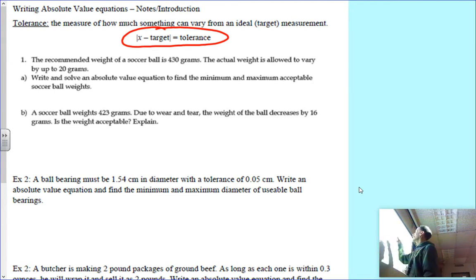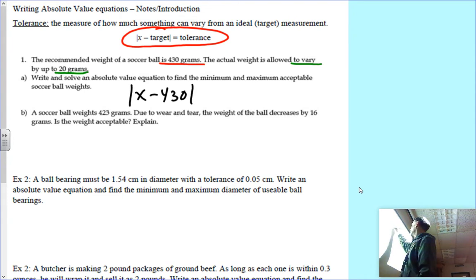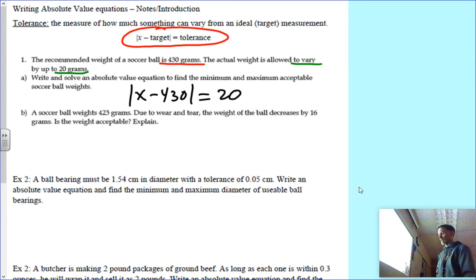We know we want the soccer ball to weigh 430 grams, so that's our target, and it's allowed to vary by 20 grams. So my equation is the absolute value of x minus 430 equals 20. That's your equation. That's all. And that's the same format every single time.